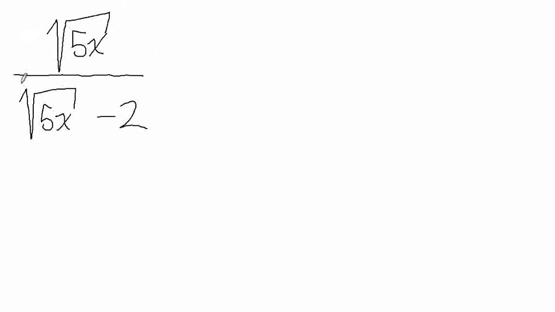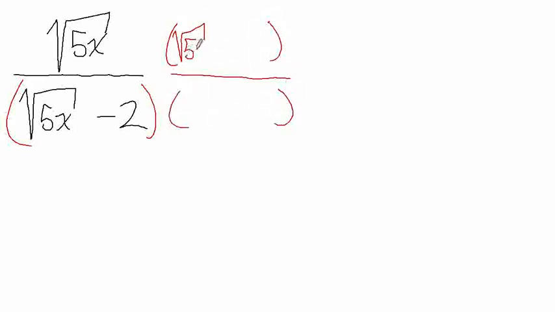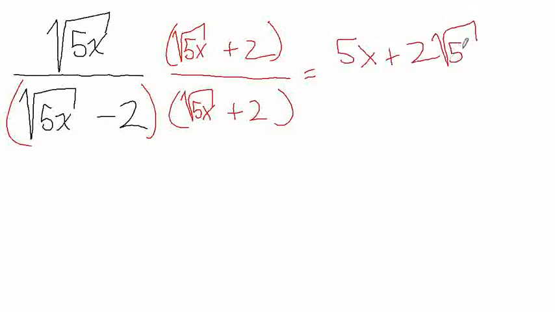Okay, so I will go ahead and work it out. The conjugate of the denominator for this example is the square root of the product 5x plus 2. Now, doing the multiplication, I'm going to get 5x plus 2 times the square root of the product 5x on top.